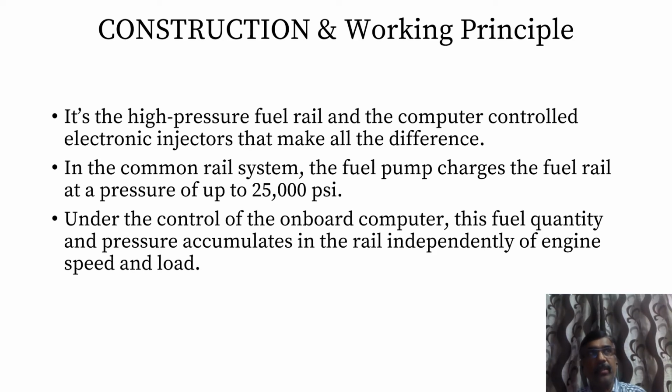In normal fuel injector systems the pressure went up to maybe 2000 psi. Now we have increased it to 25,000 psi. Under the control of onboard computers, the fuel quantity and pressure accumulate in the rail independently of engine speed and load.